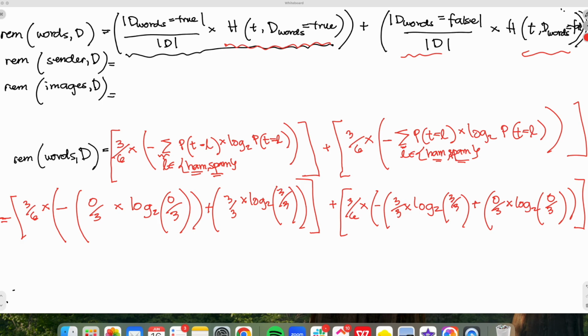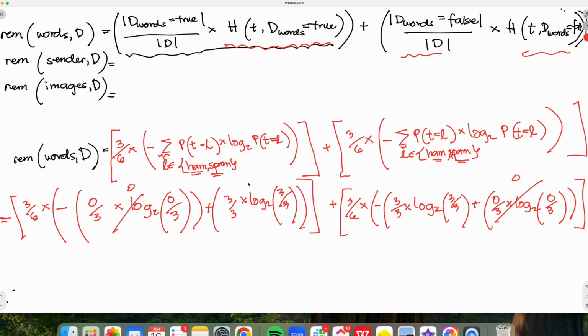Therefore, we have this as 0. Sorry, we have this as 0 and this is 0. Oh, no, not that one. We already have 0 here and then 0 here, since 0 divided by any number is equal to 0.